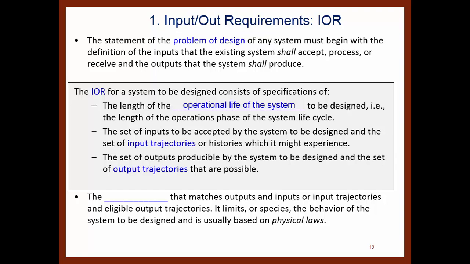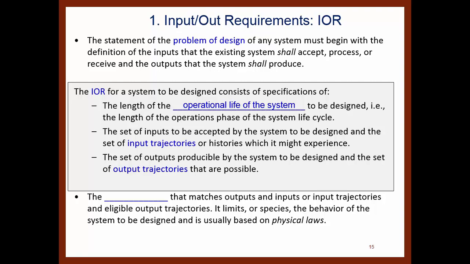The input trajectories, if you're familiar with simulation modeling, if you're modeling a manufacturing line, the input trajectory will be those parts that are going to be arriving to this manufacturing line at every time point.